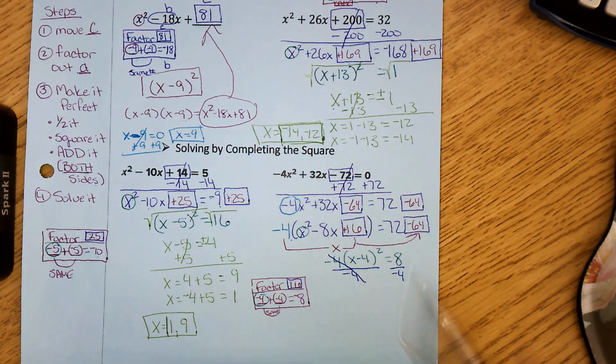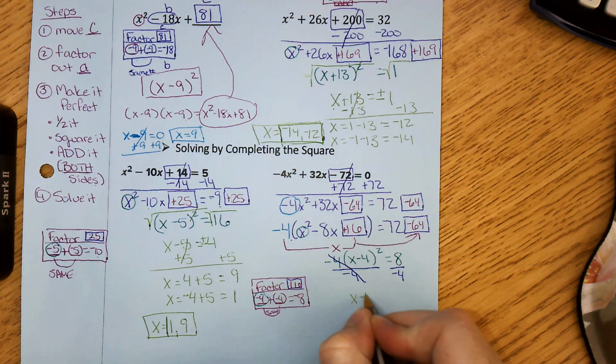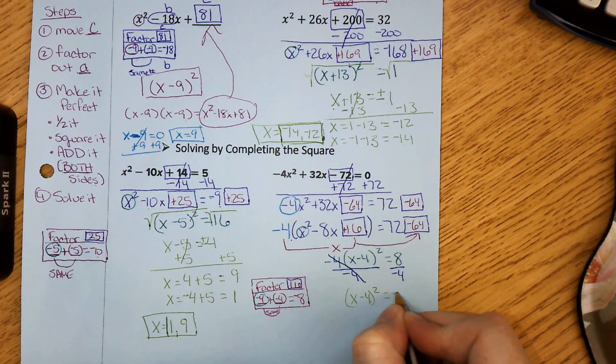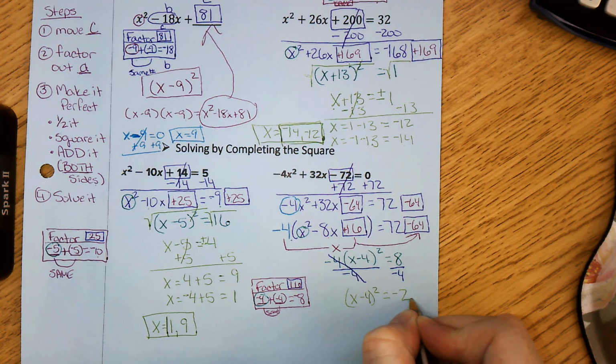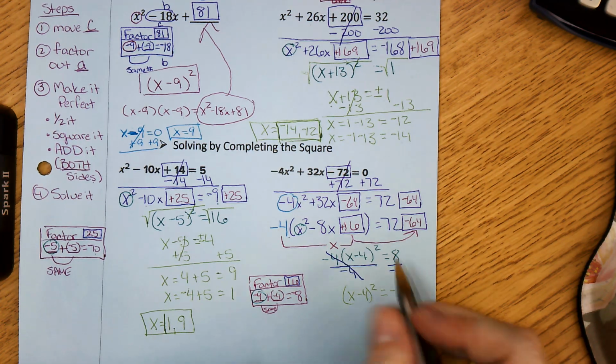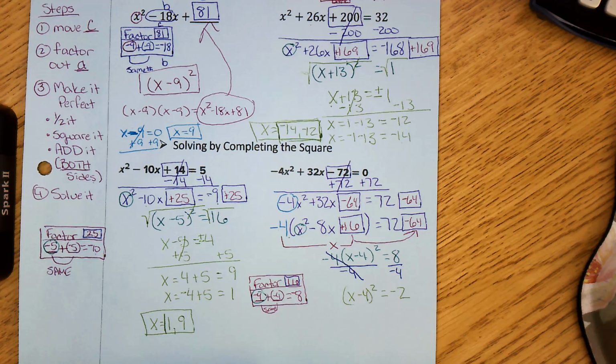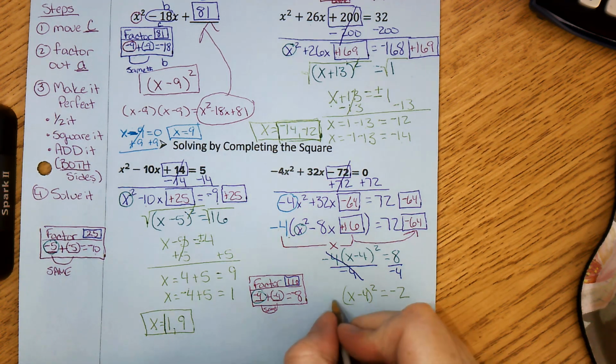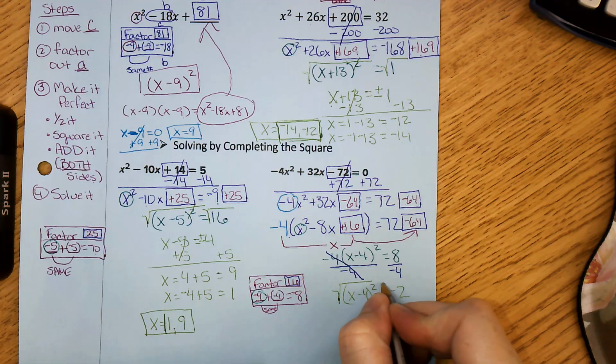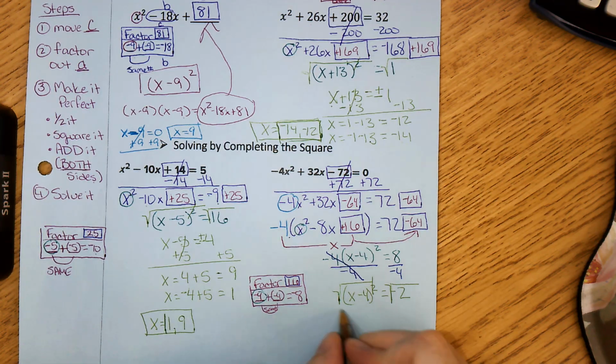And then you will end up with x minus 4 squared equals negative 2. So how do we isolate x? Because x minus 4 is squared right now. You take the square root. If you do to one side, you do to the other.